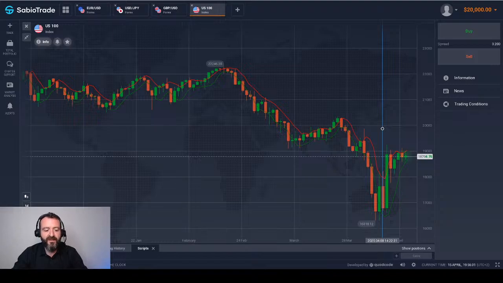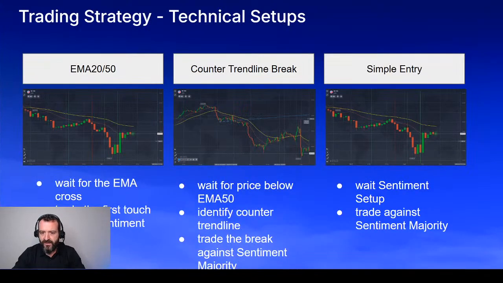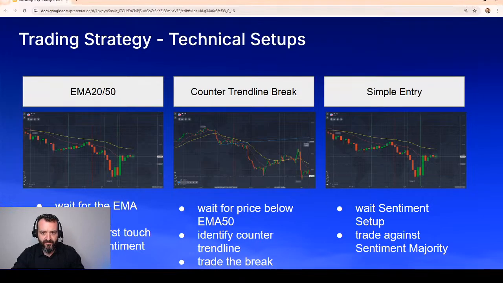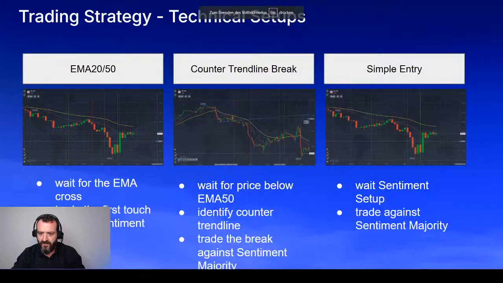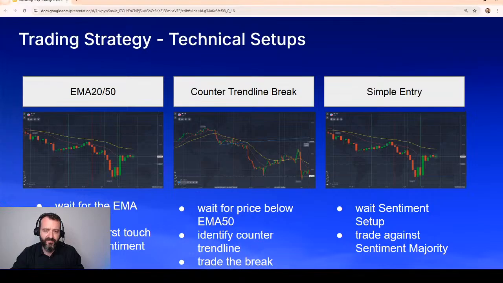Okay, this is the simple entry and is my most favorite one because it takes the least time and effort to be on a screen. Okay, let's go to the next strategy. Counter trendline break. This is something that is subjective because you need to know how to draw trend lines.